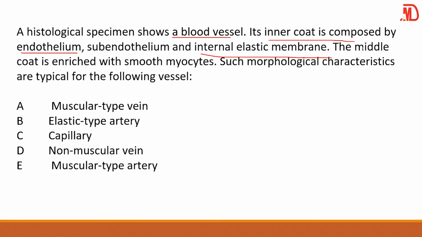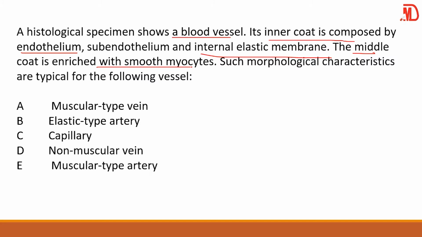But they said the middle coat is enriched with smooth myocytes. That means that if you take the whole vessel, the middle layer is very obviously enriched with a lot of smooth muscle. And the question is, what type of vessel are they talking about?